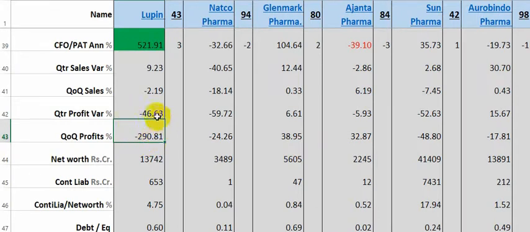So there was a drastic fall in profits. Natco Pharma's profit also fell by 59% YOY and 24% QOQ. Sun Pharma also had a negative quarter on quarter as well as YOY degrowth or decline in profits.